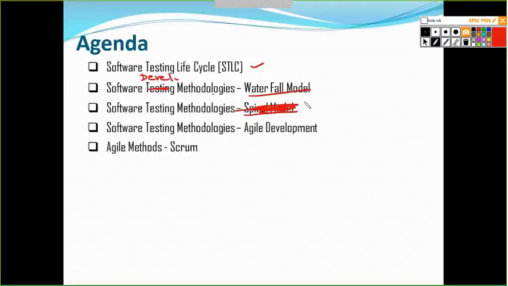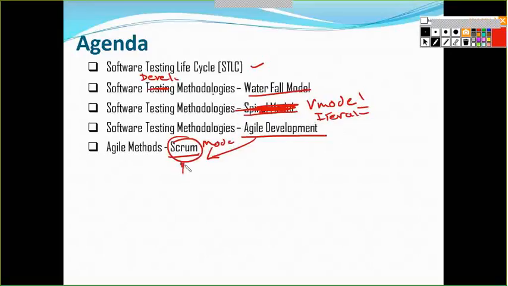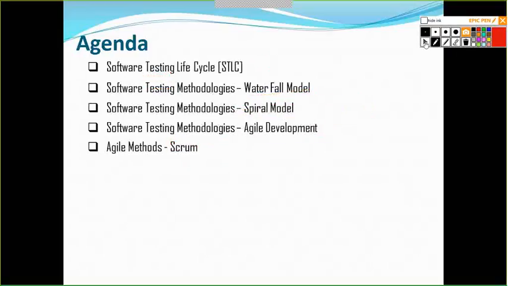So we are going to see V model and then iterative model, and then agile model, agile development, and in agile development we are going to see Scrum model. Right? In agile we have multiple models. In that, Scrum is a very famous model that has been followed. So we are going to see in detail what is Scrum. So let's see each and everything in detail.